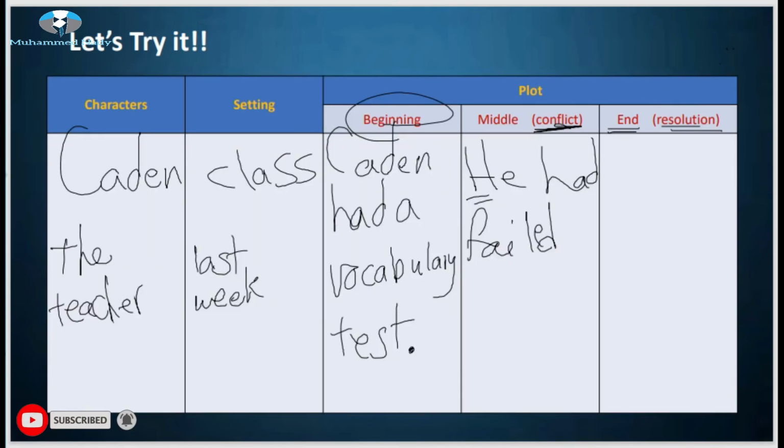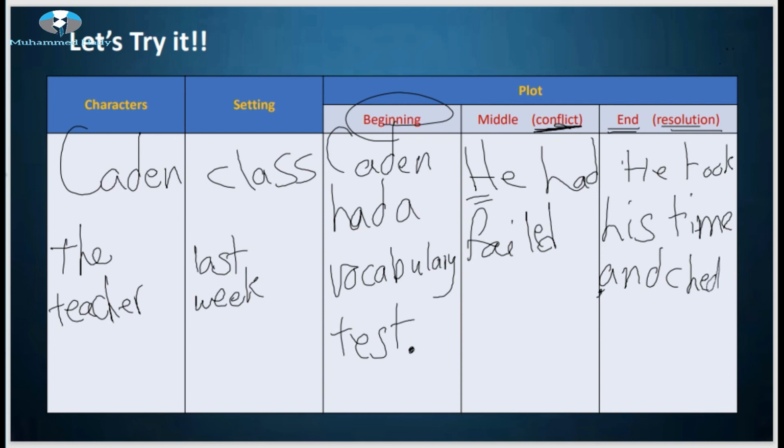So, here, the resolution is that he took his time and checked his work. Okay, and this is everything about the story elements we have here.